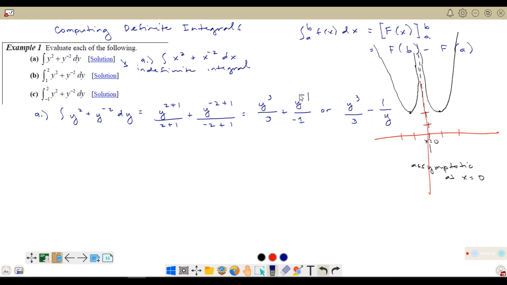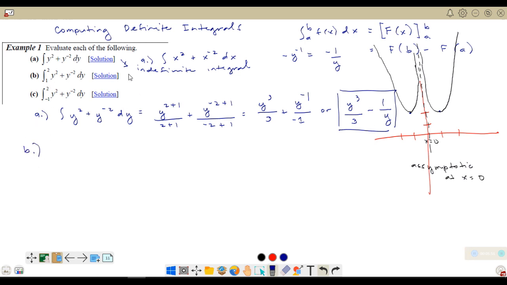Y raised to the negative 1 over negative 1 is negative y raised to the negative 1. So, negative y raised to the negative 1 is equal to negative 1 over y. That is why we have this value here. So, ito yung final answer natin for the indefinite integral. And this is also going to be our key in answering number 2.